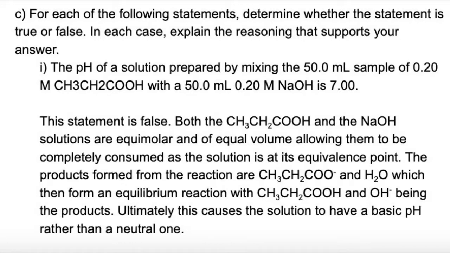The products formed from the reaction are consequently CH3CH2COO minus and H2O, which then react to form a different reaction, and this is an equilibrium reaction with CH3CH2COOH and OH minus being the products. Because of this, ultimately the solution has a basic pH because of the OH minus being formed, so it'll be above 7.